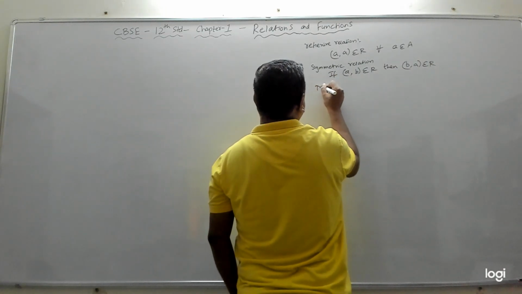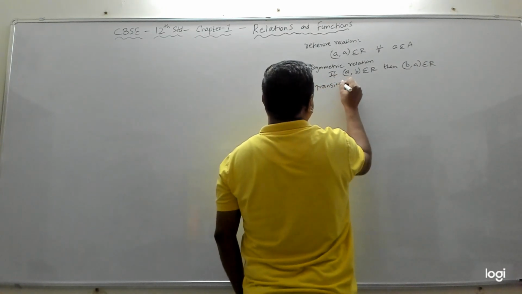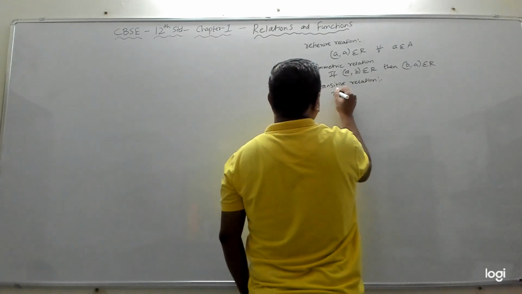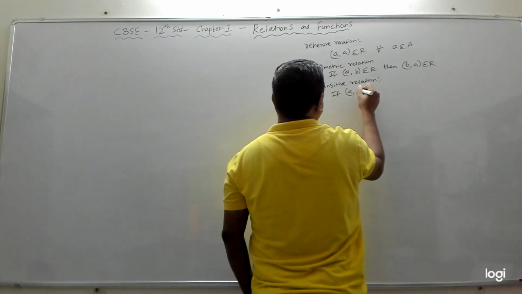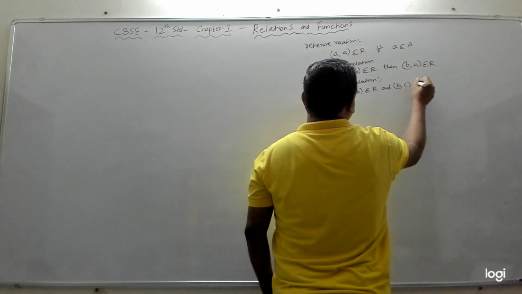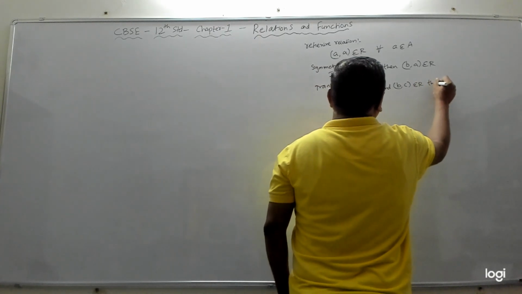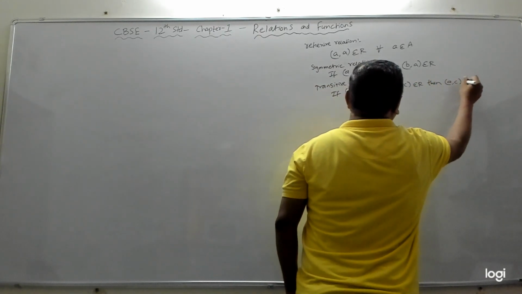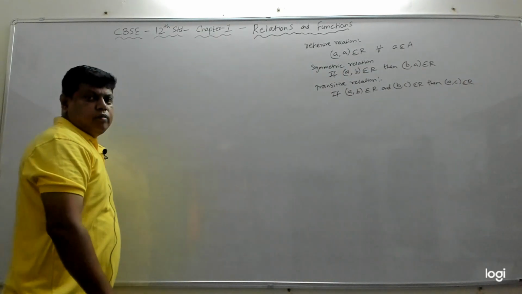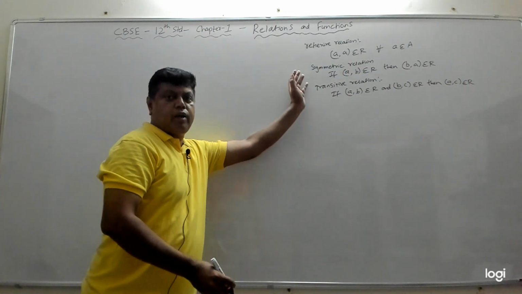Then a transitive relation is: if (A, B) belongs to R and (B, C) belongs to R, then (A, C) should belong to R. This is the condition for transitivity. I'm just writing this so that we can refer to it quickly.